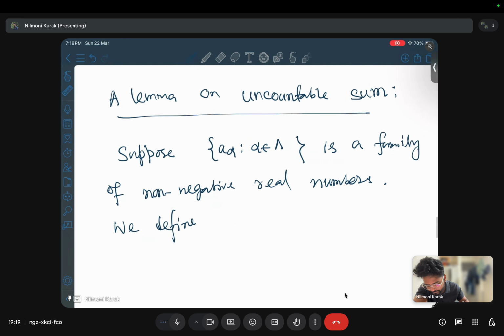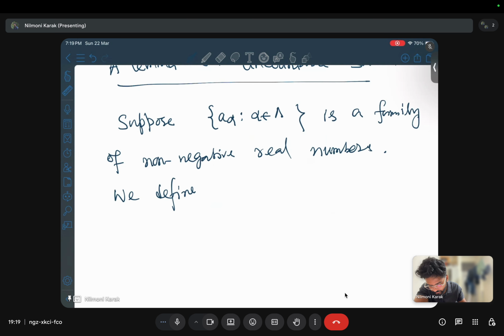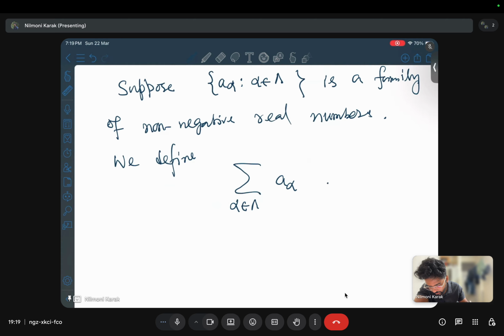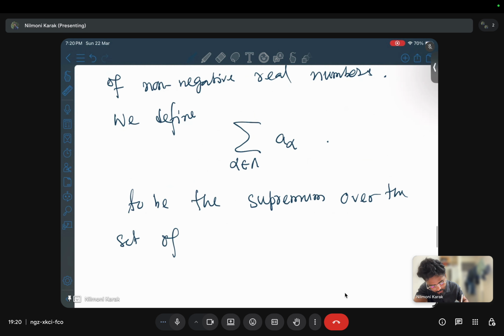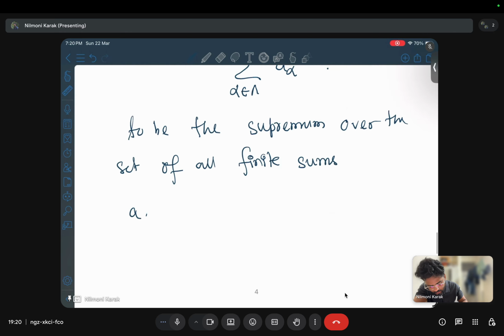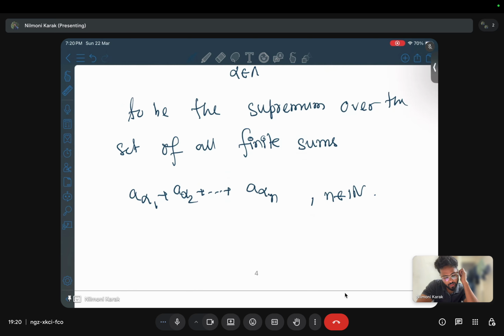We define the sum over alpha belongs to this of A alpha to be the supremum over the set of all finite sums, n belongs to N.